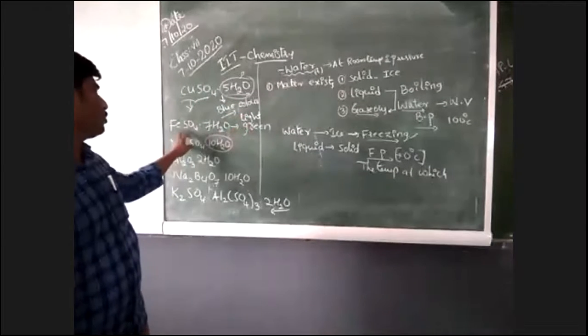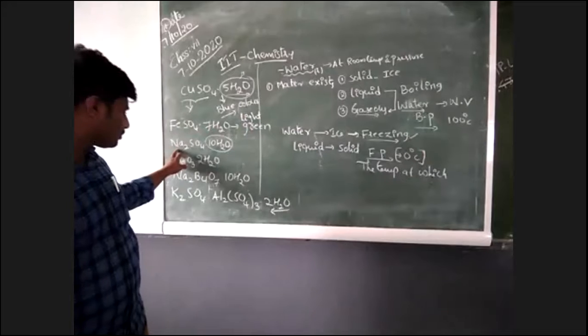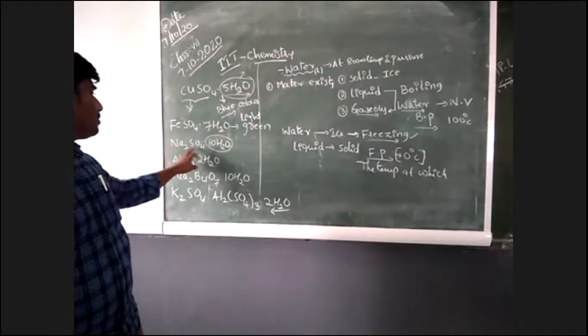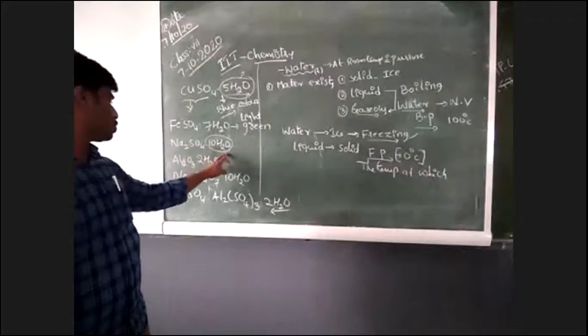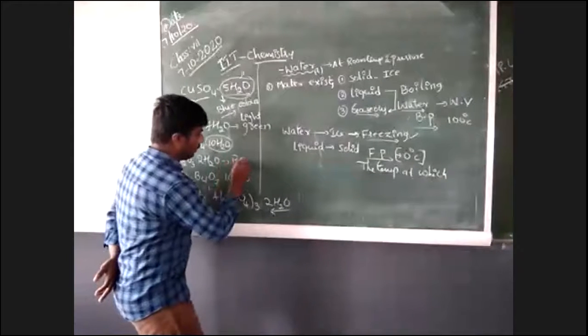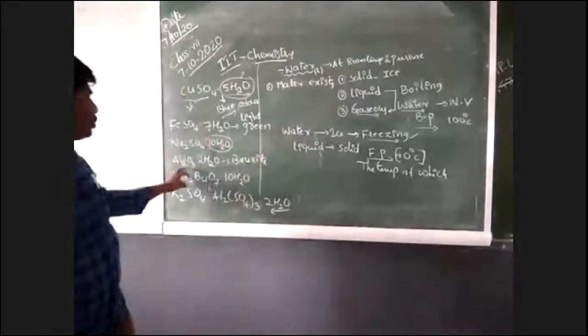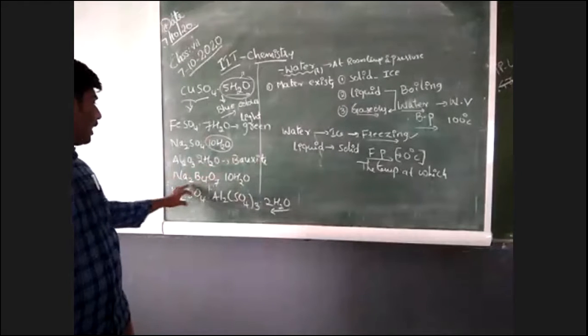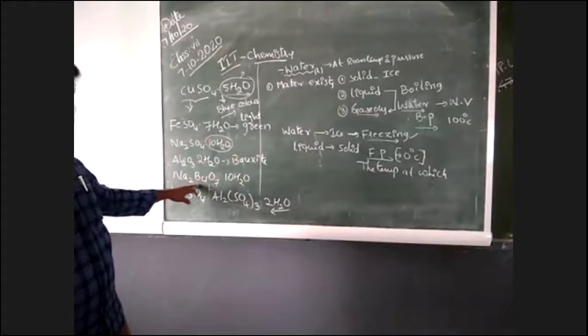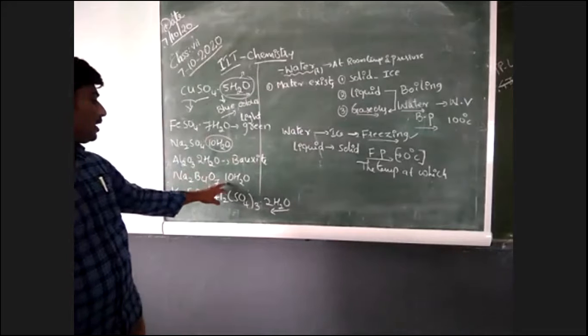Sodium sulfate Na2SO4 10H2O. Next bauxite, Al2O3 2H2O. Next borax powder, white color, Na2B4O7 10H2O.